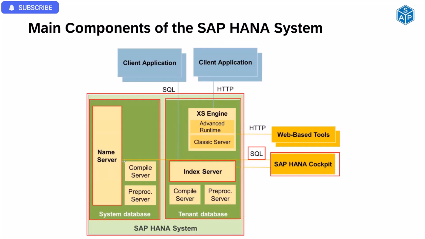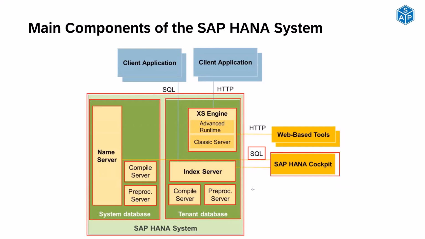Other than the name server, you have the compile server and the preprocessor server. Again, this is common for all the databases: compile server, preprocessor server. Other than your index server, in your tenant database you have something called the access engine. Your access engine is something like your front end application, or a platform, given where you can develop your own front end application inside your HANA database.